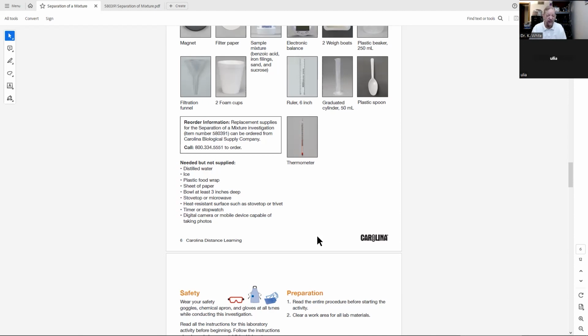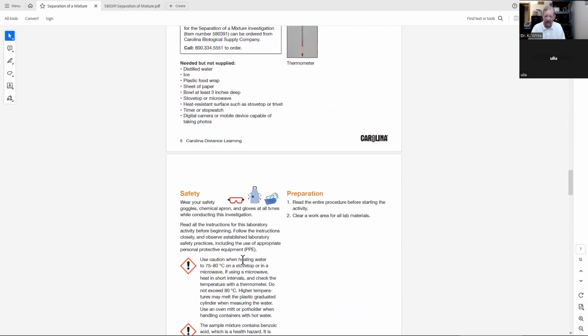You'll need a heat-resistant surface, such as a stovetop, or they say a trivet, something to protect wherever you are, a timer, and your camera.